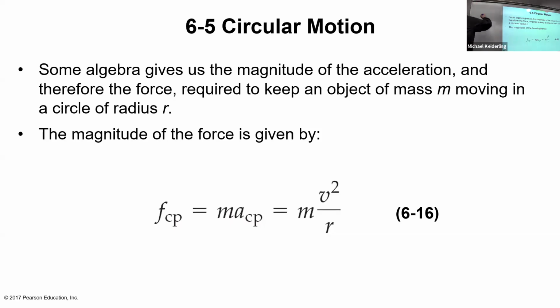So if you start with the position, if x is radius times the cosine of something, there's 2 pi every period.